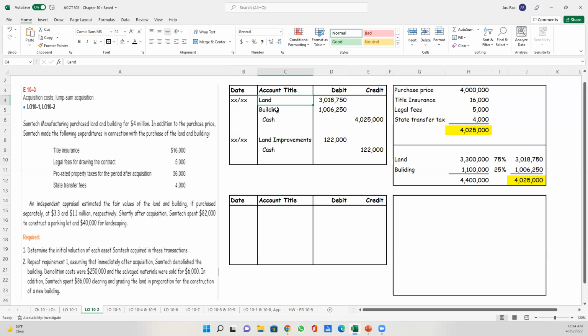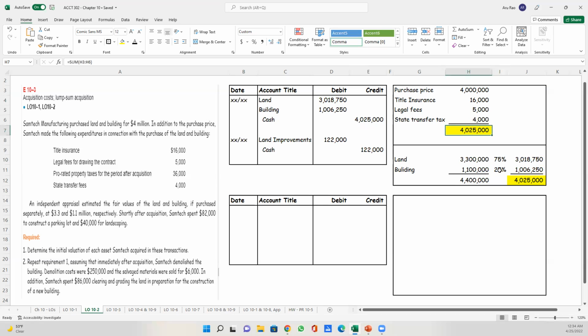Once again, I purchased land and building. First, see how much of that should be capitalized. The amount you did not capitalize was property taxes for after acquisition. That doesn't get capitalized. So you excluded that. All the other numbers are added up over here. The appraised value is 3.3 and 1.1. This is a lump sum purchase.